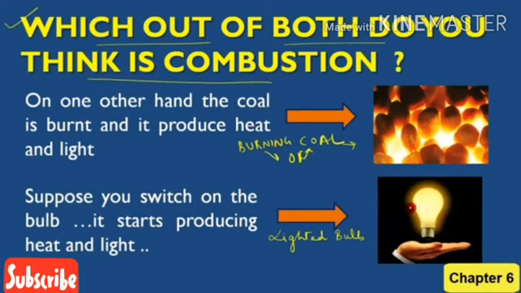When coal is burnt, heat and light are produced. And when we switch on an electric bulb, it starts producing heat and light. So, according to you, which is the process of combustion and which one is not? Give your reasons in the comment section. I'll be waiting for your answers.